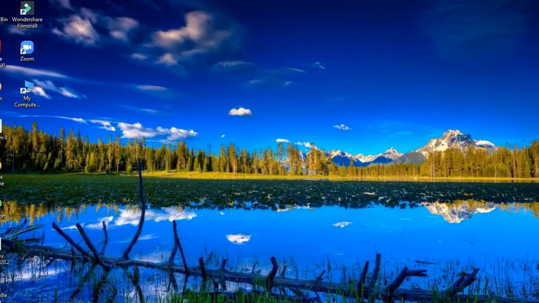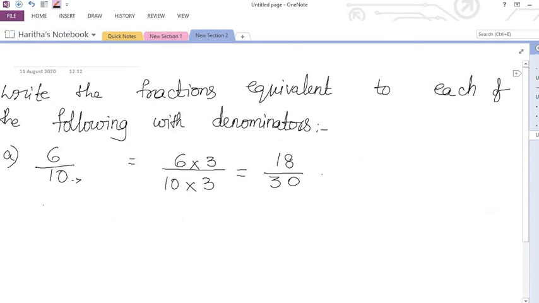Okay children, let's get started. You can go for any other number, but you should consider only the denominator. You should not consider the numerator.